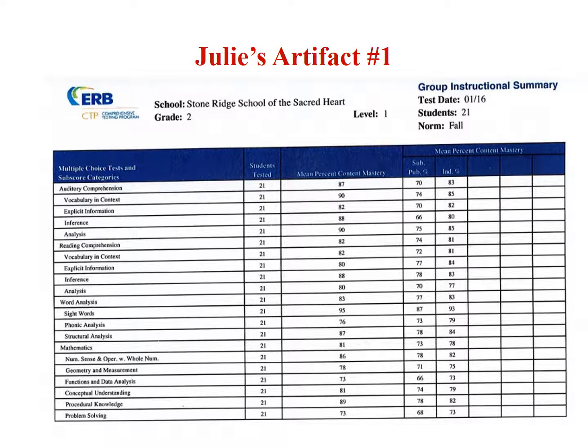Mathematics is also on the data sheet, but we are not focusing on that information at this point since Julie's exploratory question is about reading comprehension. As you can see, the test results of her students show that they performed better than students in private, public, and independent schools.